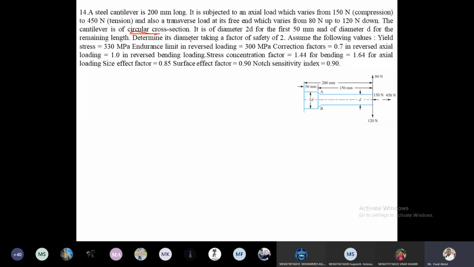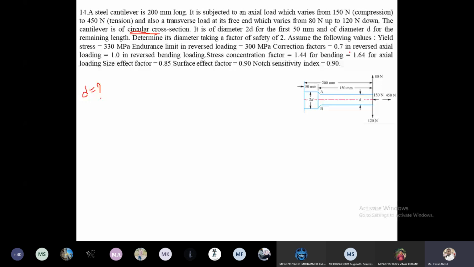Assume a factor of safety of 2, yield strength of 330 megapascal, endurance limit for reverse loading 300 megapascal, correction factor 0.7 for the axial loading, and the same for the bending loading. Stress concentration factor is 1.44 for bending and 1.64 for axial loading. Size factor, surface factor, and notch sensitivity are given.